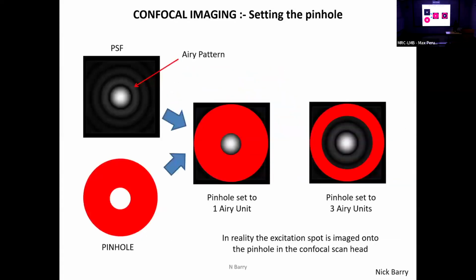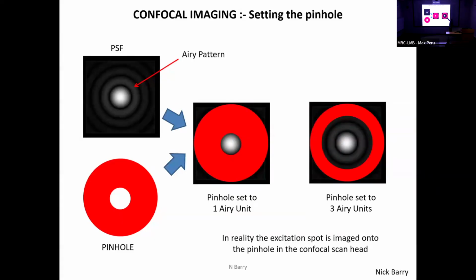Conceptually, you can think of it like this. You've got this diffraction pattern and a pinhole. If the pinhole matches that central maximum, that's 1 Airy. If you open up the pinhole, that pattern doesn't change. You've just got a bigger hole. Most of the time, it doesn't cause too much problem.